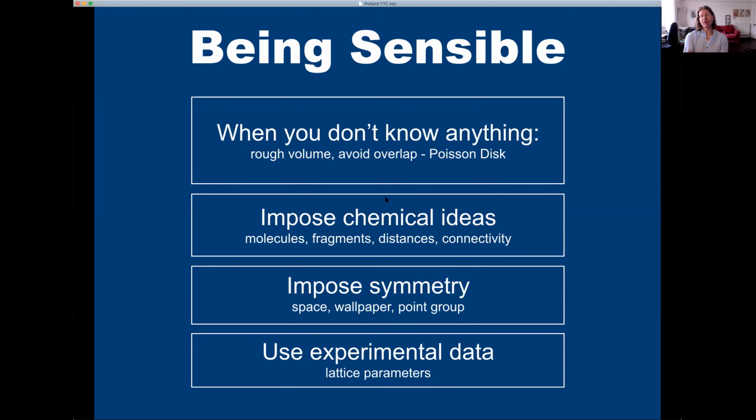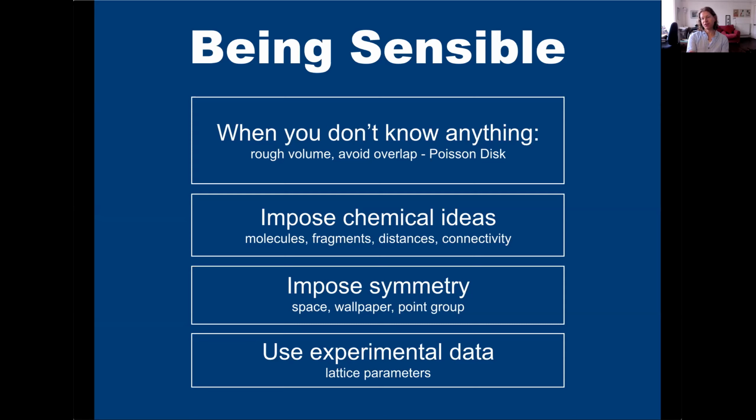So it comes in through the generation of what we call these sensible structures. And by sensible, we mean structures that are more likely to give you low energy configurations. So there is some steering here, some biasing of your sampling, but once we've decided what those biases would be, we try to sample as uniformly as possible.